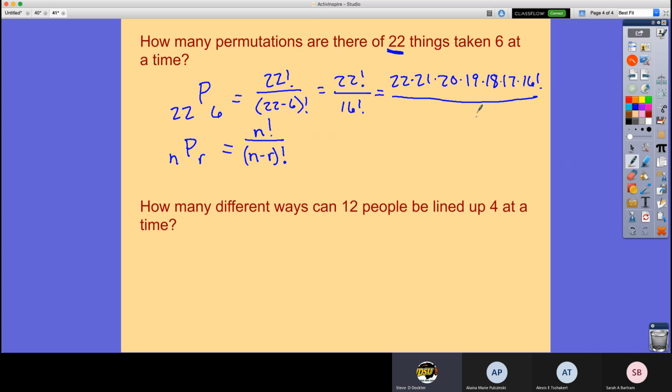And I stopped at 16 factorial because that's what we have on the bottom. Those would cancel out, so technically you just have to multiply those together. No matter how mean you think I am, I would not put this one on the no calculator test because that is a lot of work to do.